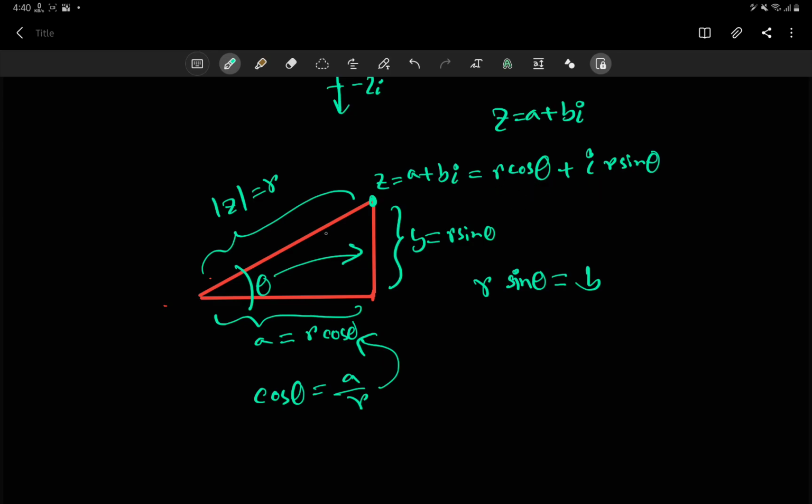If you can remember, this is like the polar format, expressing a point in terms of the distance from origin and the angle. And if you want, you can take common r, you will have r times cos theta plus i sin theta.